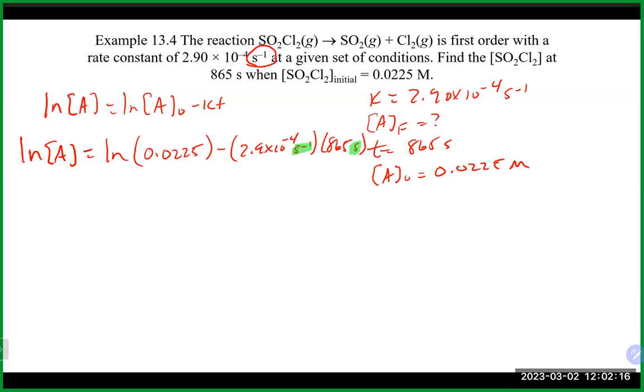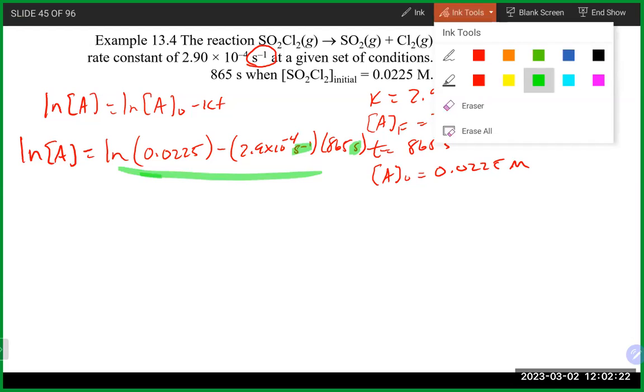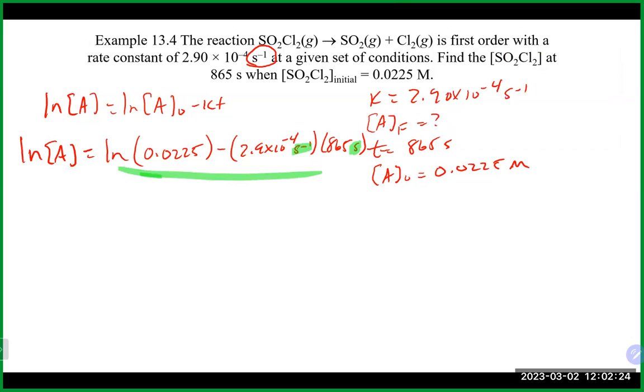That means we really have everything that we need over here on this side. So we could clean up everything on the right-hand side and see what we get. So we're going to do the natural log of 0.0225, hit equals, minus, open some parentheses, 2.9 exponent -4 times 865.